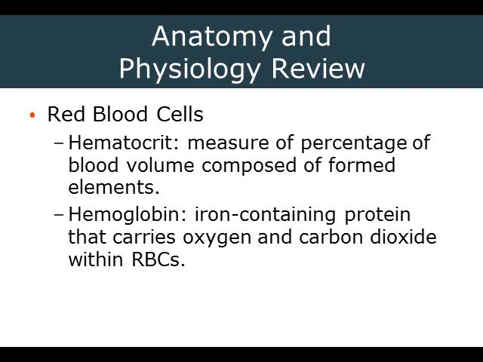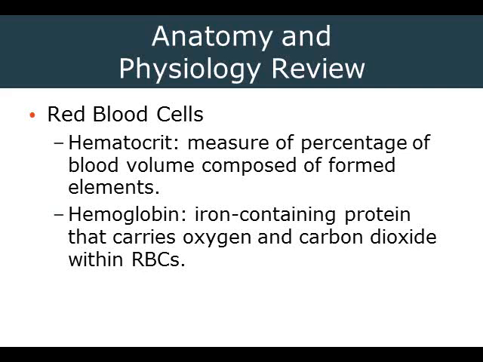The amount of hemoglobin, which is the iron-containing protein that carries our oxygen and some of the carbon dioxide within the red cells, is important as well. Anemia can show up in one or both of these elements. If we have a small amount of red cells, you can be anemic, yet those can be very healthy red cells in which the hemoglobin is probably going to be fine.